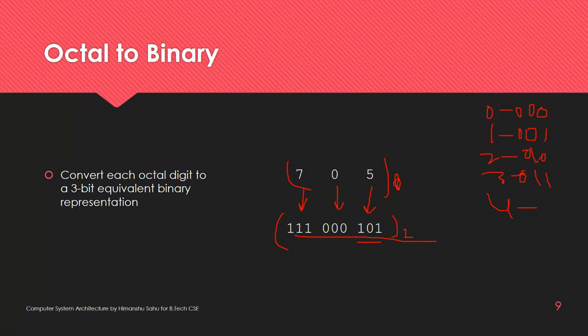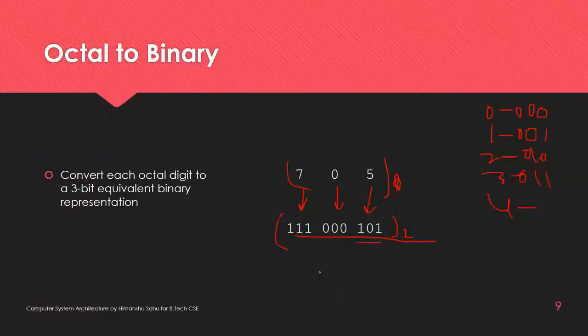Unless the leading digits are all zeros, you can remove them. So normally the length of the string will become 3 times.